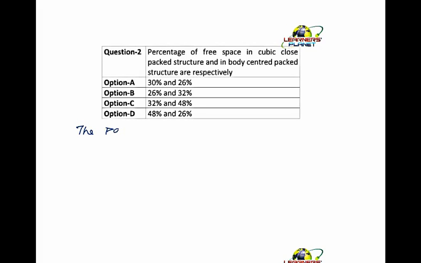The packing fraction, what it is? It is the percentage of volume occupied.